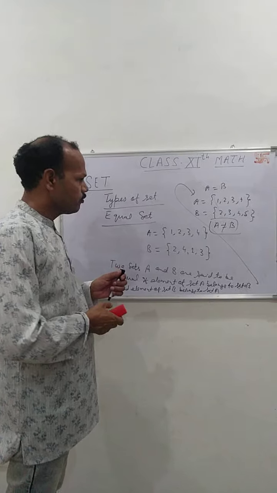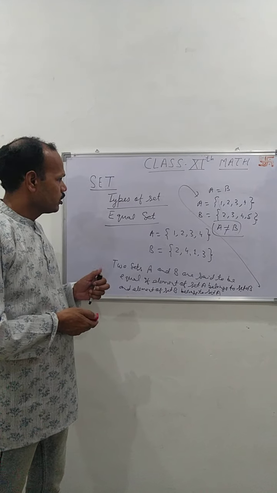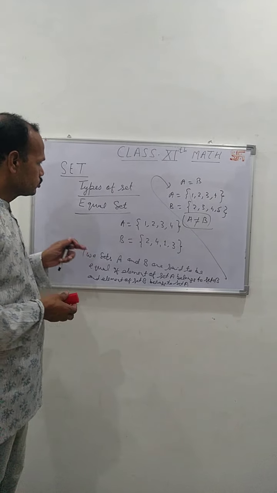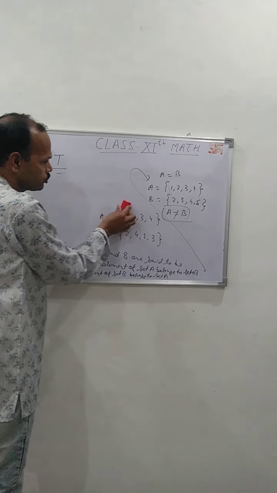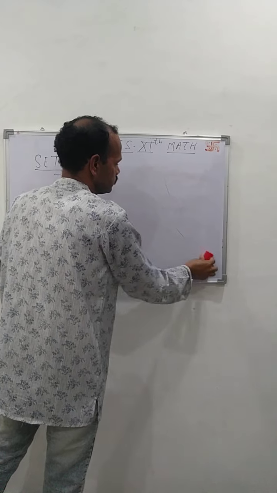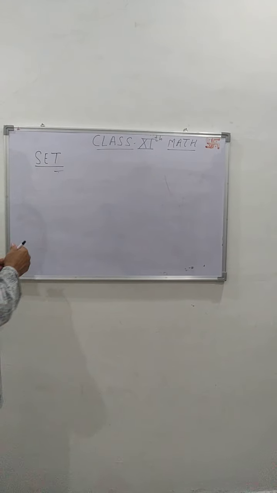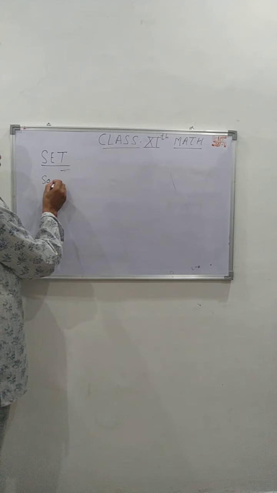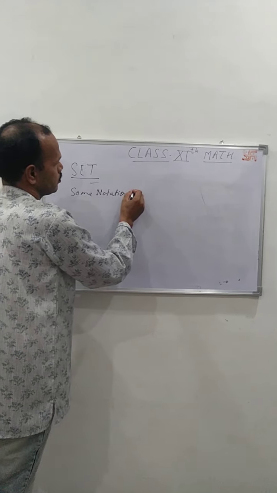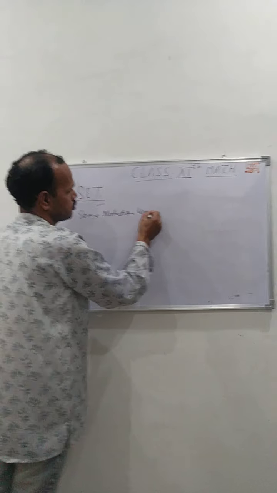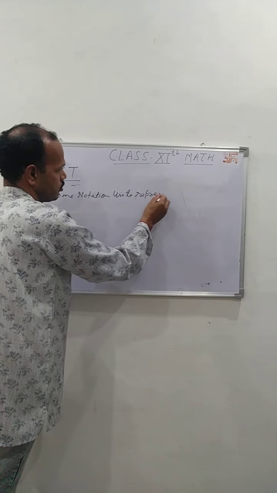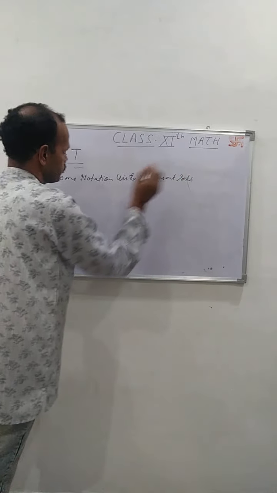Except this one, we will use some notation to represent sets. That is the basic fundamental theory which we will use in questions. So we come to that point: some notations used to represent sets.